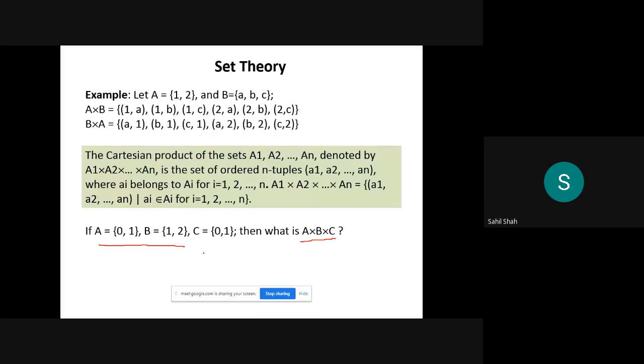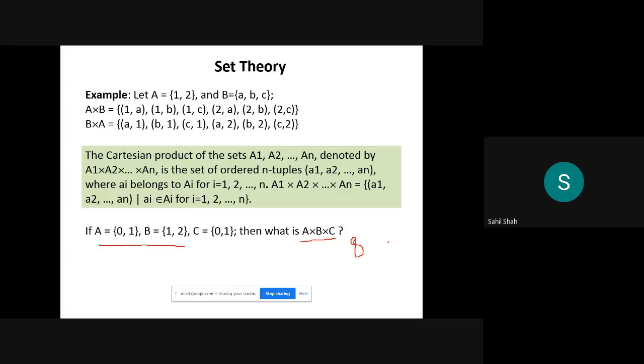Then I apply this entire A cross B over C. So the first element is 0 1 0, the second is 0 1 1, and so on. In total I am going to have 8 elements in A cross B cross C.